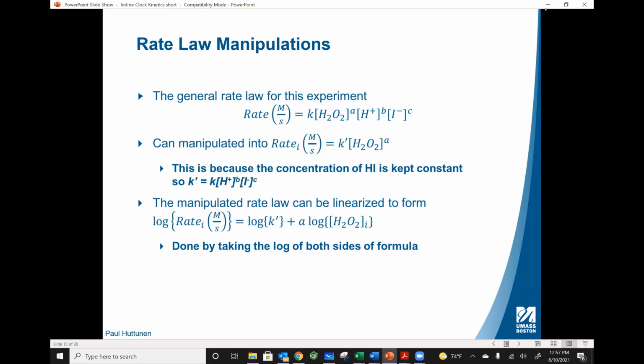So we want to know what the order of the reaction is for just the hydrogen peroxide. And so our rate is going to be equal to the rate constant times hydrogen peroxide to the power of A.